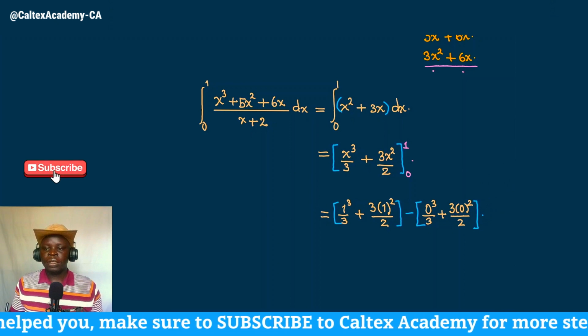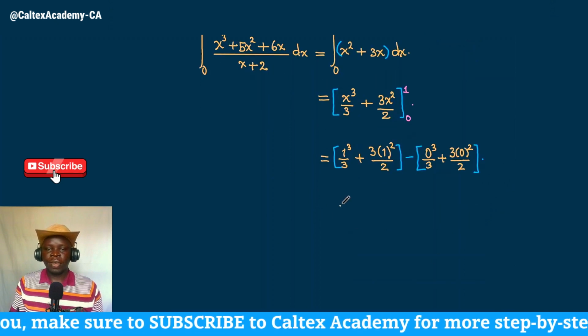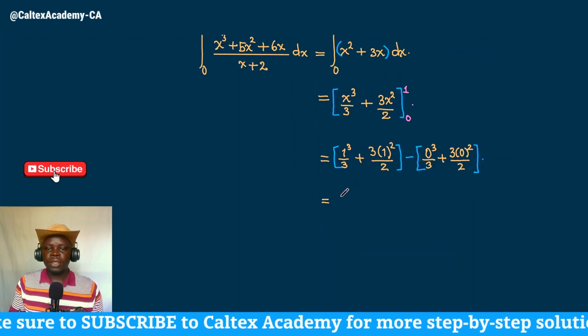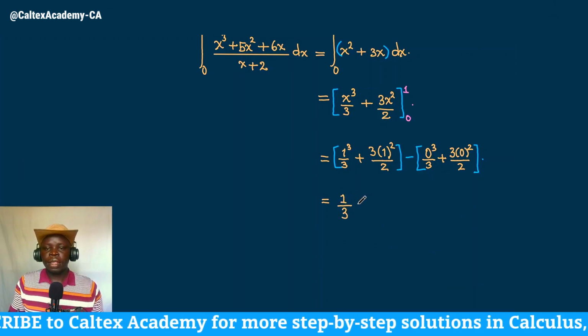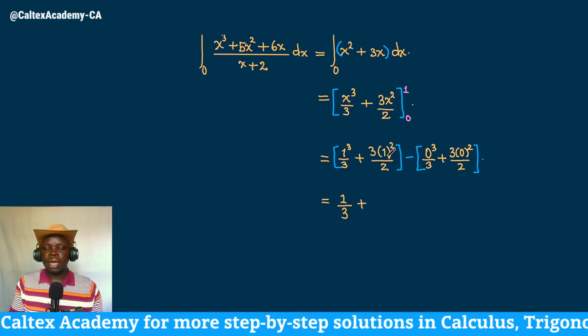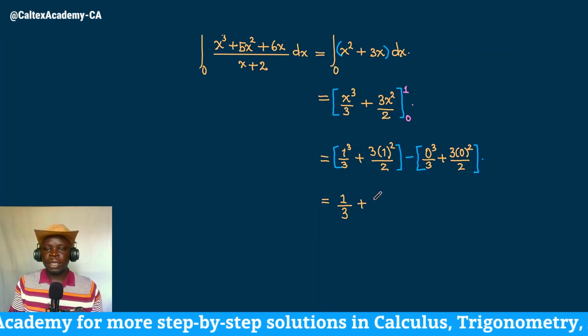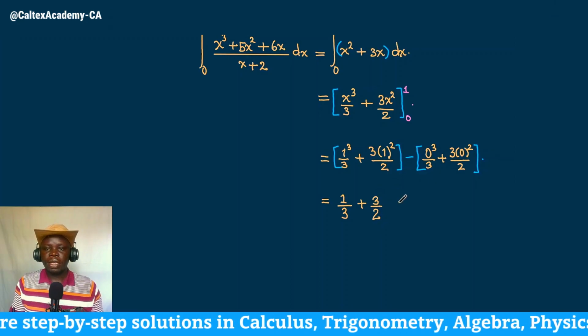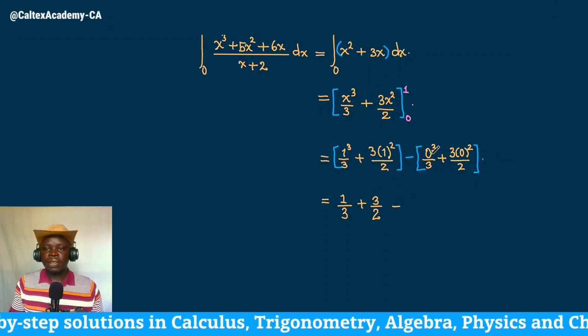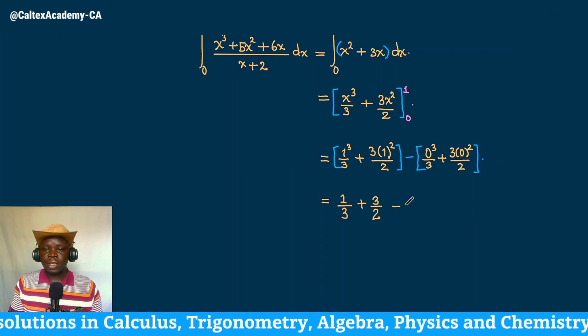After this, you need to continue simplifying. When you cube 1, you still get 1, and then we divide this 1 by 3. Then we move on to the next one: 1 squared is 1, times 3 is 3, all over 2. So the first term is done. Minus the result of simplifying all these numbers for the lower limit, which is 0.